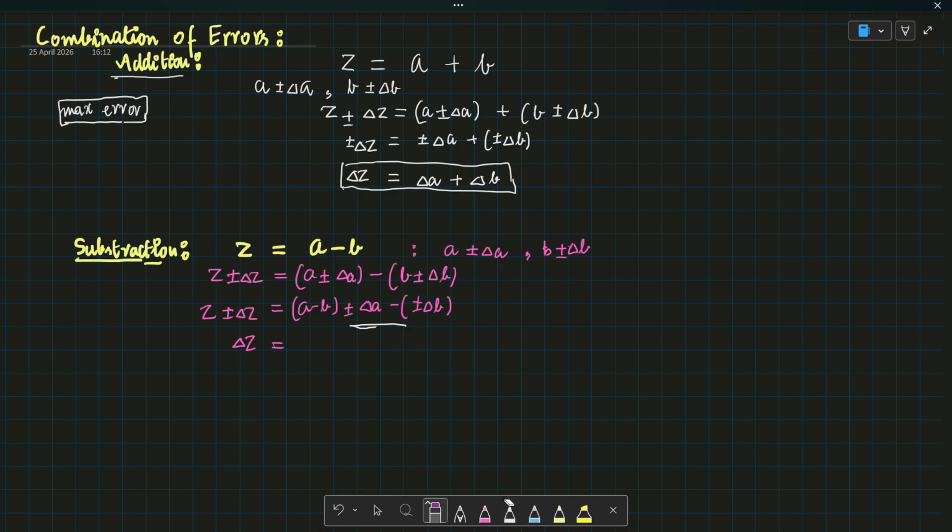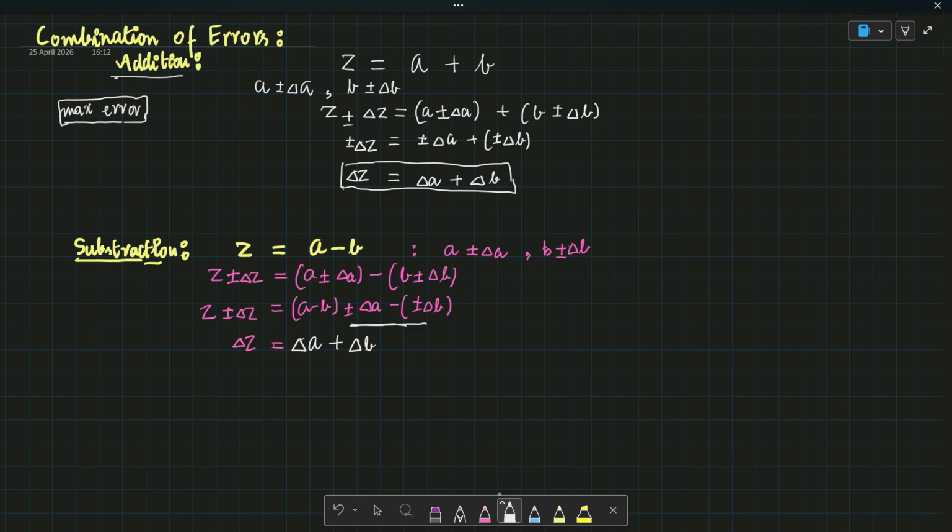What did I tell you? I told you that whenever we are asked about error, we always report the maximum error. So we will take both signs to be the same. So the maximum error will be delta A plus delta B. That will be the maximum error in case of subtraction also.